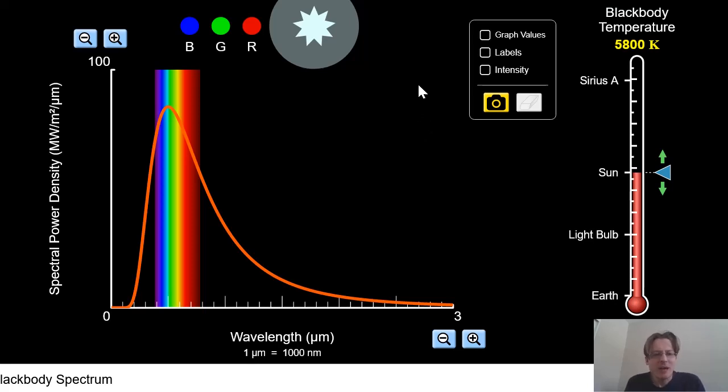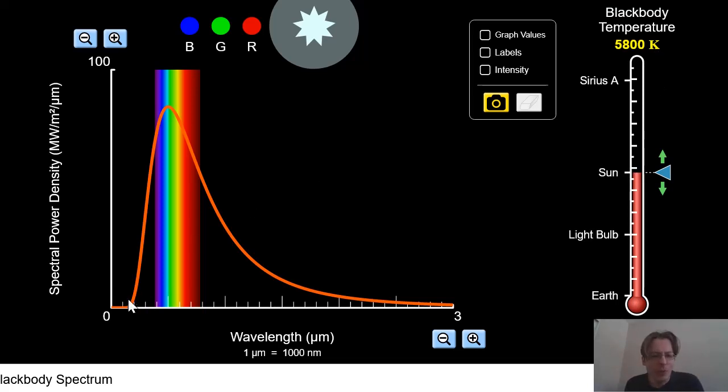The thing to keep in mind is when something's glowing red hot, that doesn't mean it's only giving off red. It's actually giving off a spectrum of colors. It's just that mainly it's red, or we perceive the color as red. For instance, here's the sun. Temperature of the sun around 5 to 6,000 Kelvin.